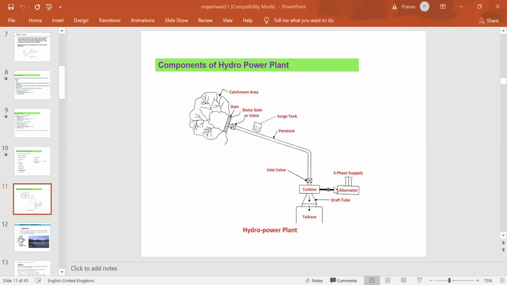This is the turbine, and it is coupled with the alternator. This alternator is connected to the three-phase supply. This is the draft tube and this is the tailways. From this, a transformer is placed here after the alternator. This is connected to the bus bars to transmit the supply.